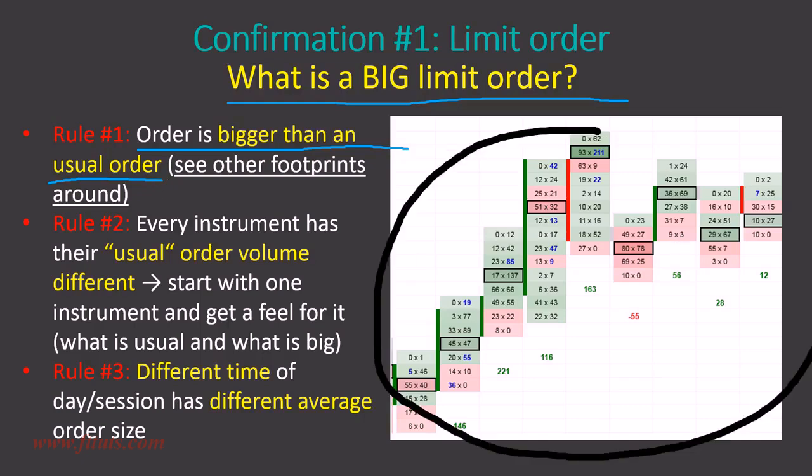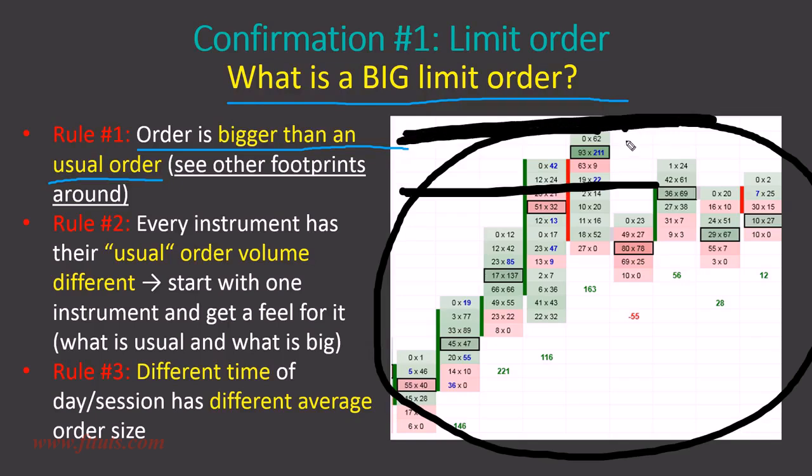If you look at this picture and imagine that somewhere in here there is a resistance you want to go short from, you are looking for a big number on the ask side, and suddenly this number appears. 211 contracts on ask.